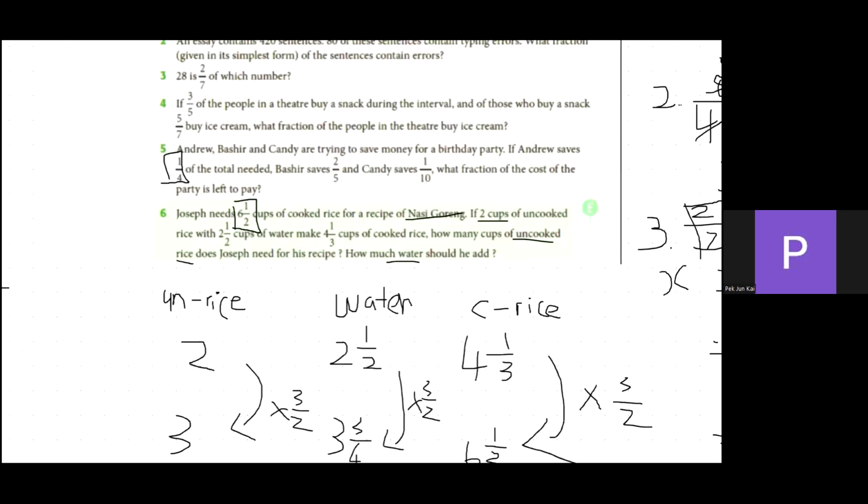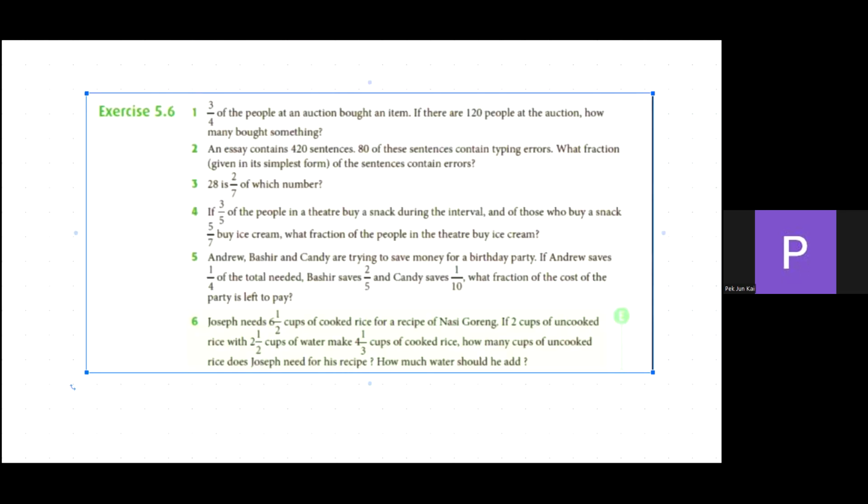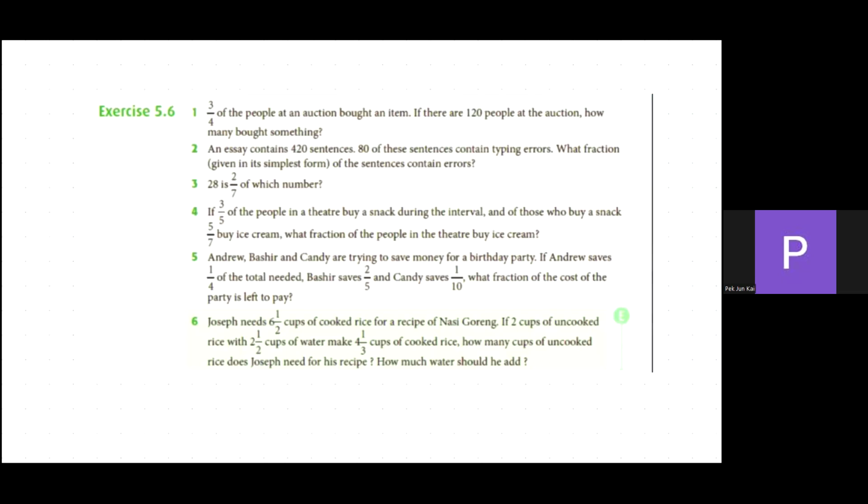So the answer to every question is question number 1, answer 90. Question number 2, 4/21. Question number 3, 98. Question number 4, 3/7.